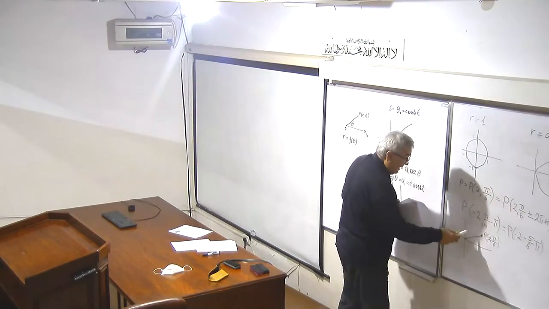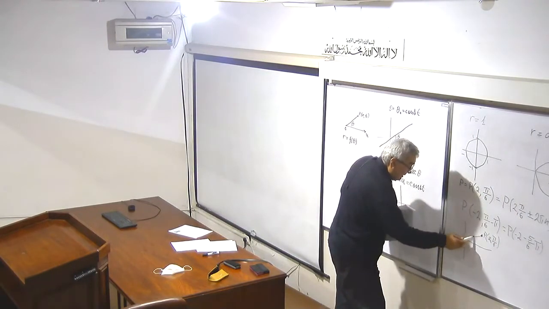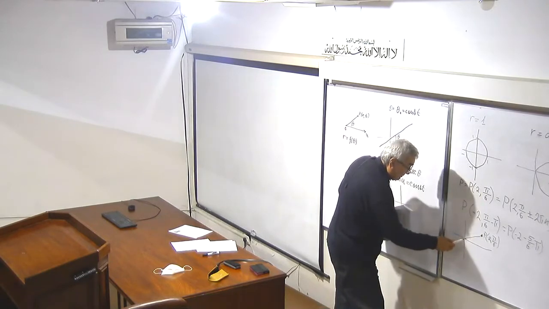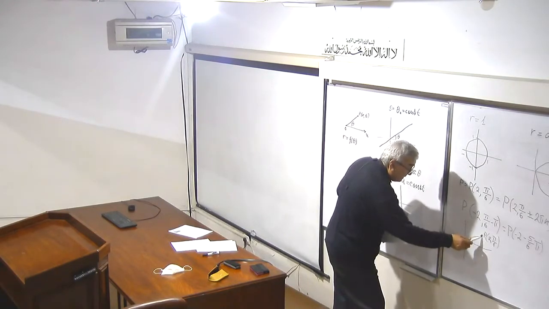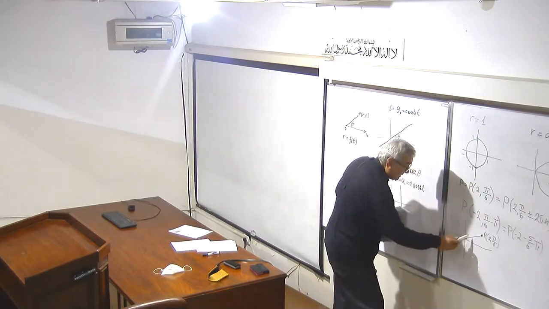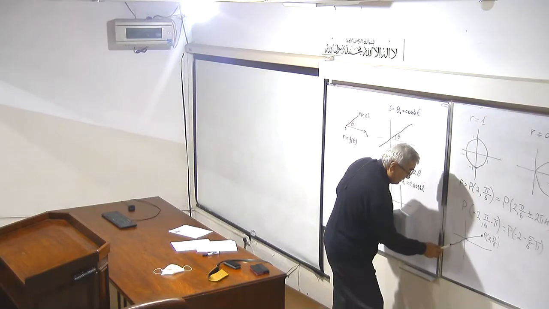But if you take r negative, that means you will take the opposite direction. It will be placed symmetrically with respect to the origin, approximately here, right?